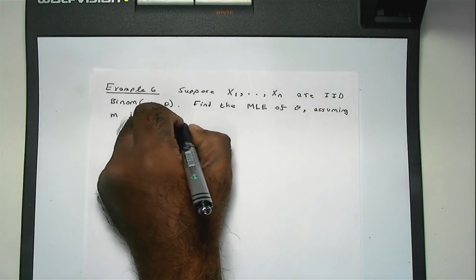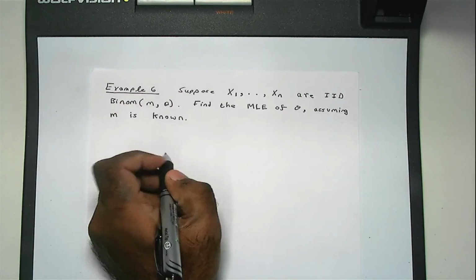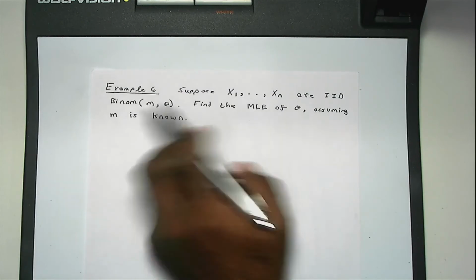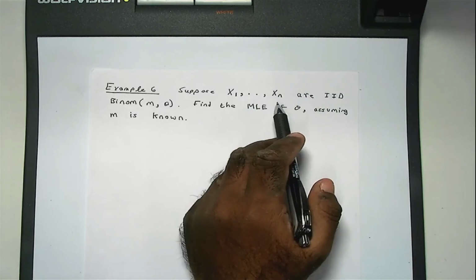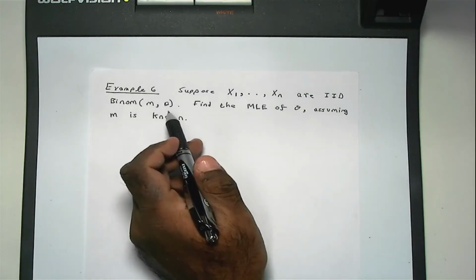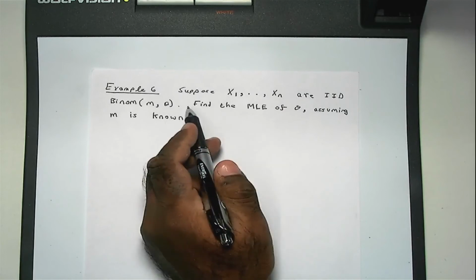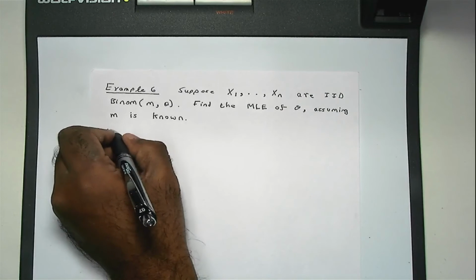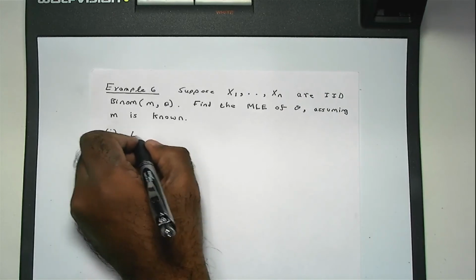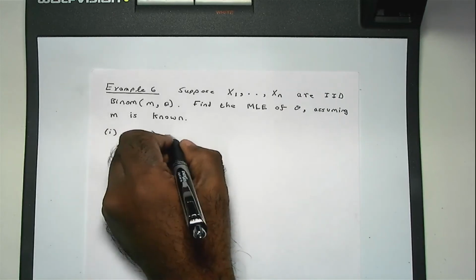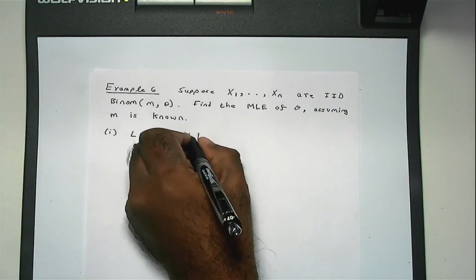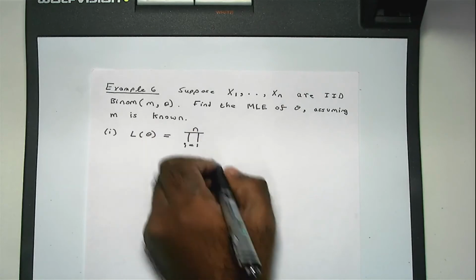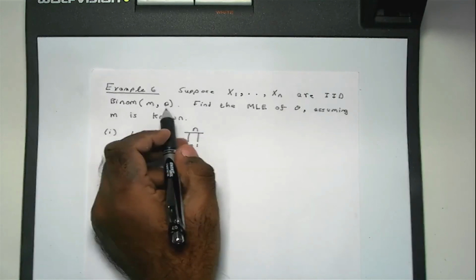So as I said, in the previous example, you may recall that we only had one data point, but here we have n data points coming from the same distribution, right? So that's the key difference, and you will see what difference it makes to the answer. So the first step is to write down the likelihood, which is, in this case, because you have n data points, the product over i from 1 to n of the probability mass function of this.